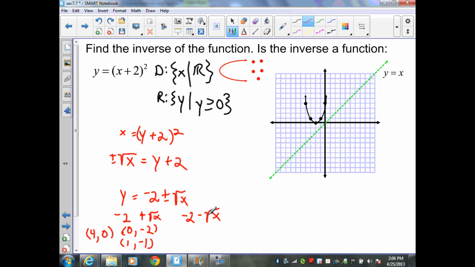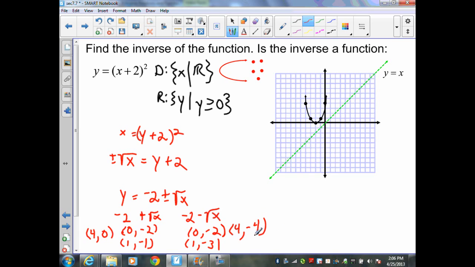Here, if I plug in 0, I'm going to get 0 and a negative 2. If I plug in 1, square root of 1 is 1, but a negative 2 minus 1 is a negative 3. If I plug in 4, square root of 4 is 2. A negative 2 minus 2 is a negative 4.